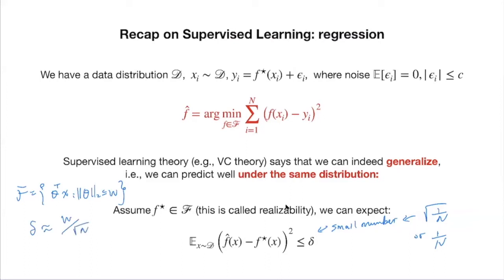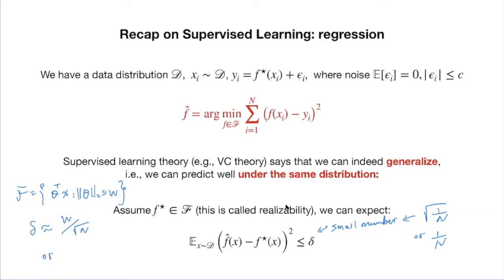So I can guarantee that if I have n training examples, the expected prediction error between my best linear function f hat and the ground truth f star is around w over square root n. That's how the prediction error is going to shrink.